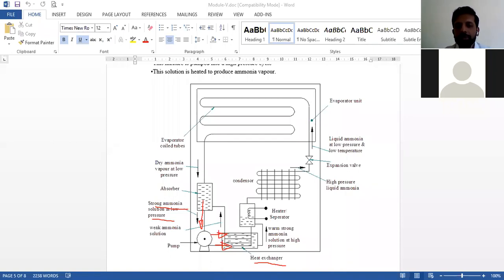Next, it is going to exchange its heat. Already it was at low pressure, but it was in the gaseous phase, and it is going to exchange that heat with this.